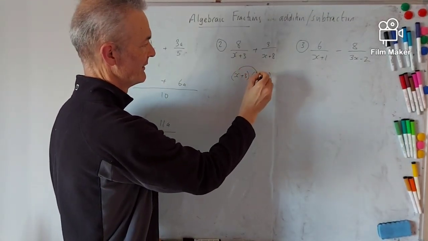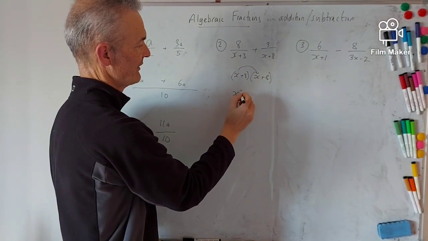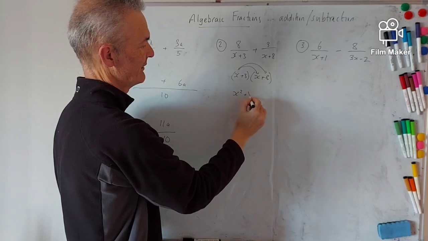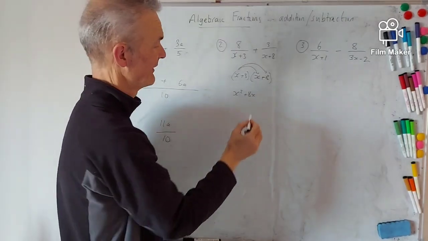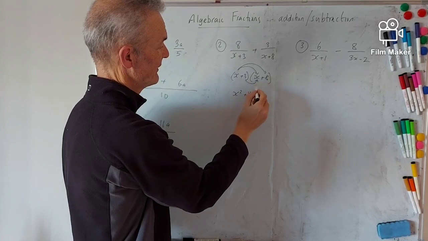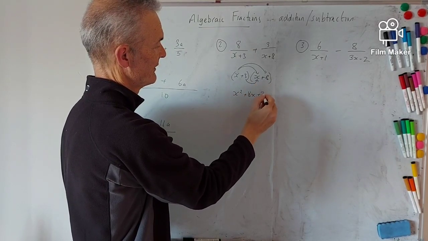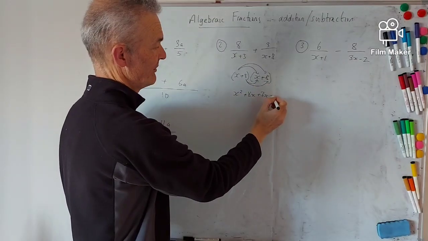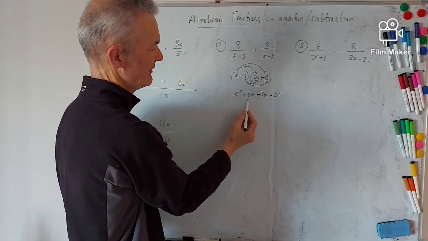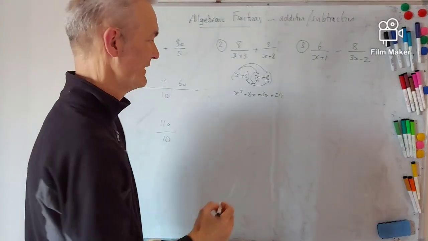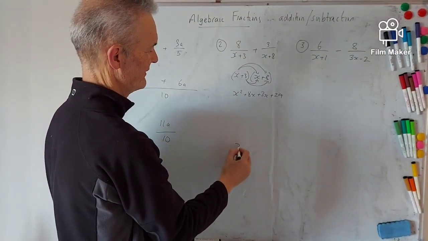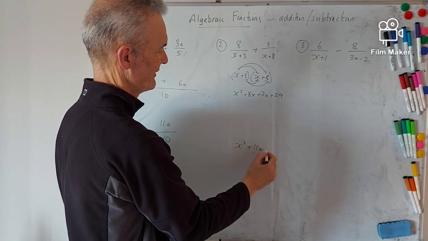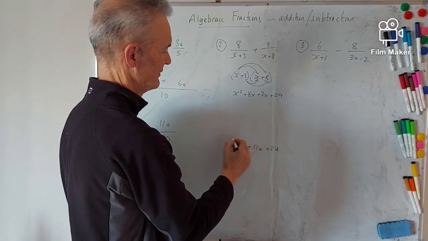We do x times x, which is x squared, x times 8, which is 8x, and then we do 3 times x, 3x, and then 3 times 8, which is 24. And notice the two terms in the middle will combine. So our denominator is going to be x squared plus 11x plus 24.